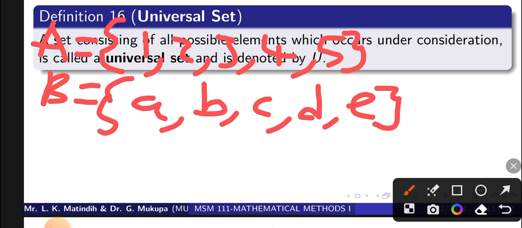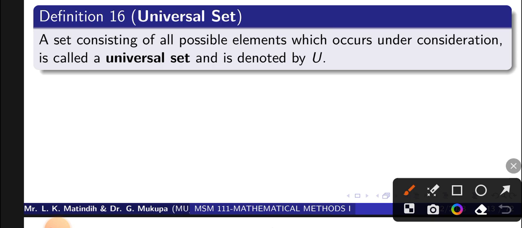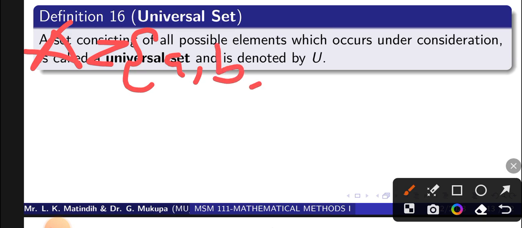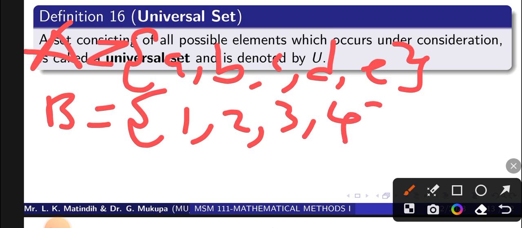So the universal set, which is denoted by E or U. Okay, so we have set A, which had A, B, C, D, E. Then set B will have 1, 2, 3, 4.